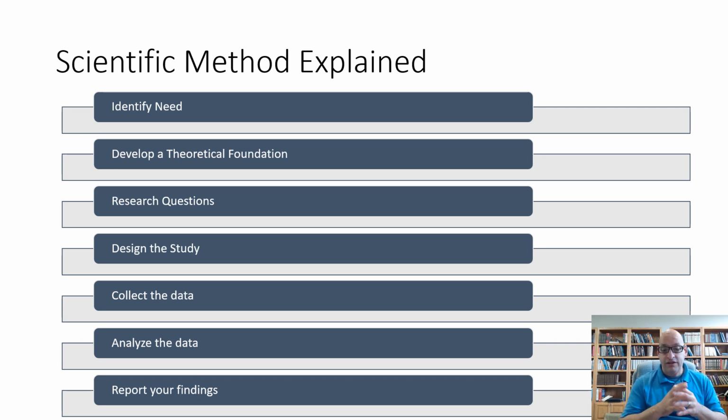So identify a need. What particular need arises in the area that you live, the ministry maybe that you work for, or organization that you're employed with? What in the area of leadership arises out of the reading of the different things that you've been exposed to along the way that you believe needs to be researched?